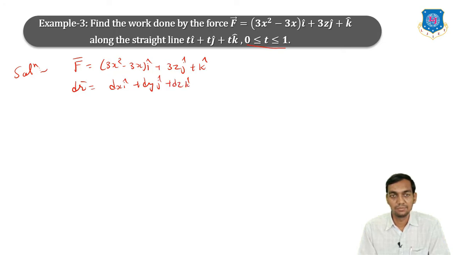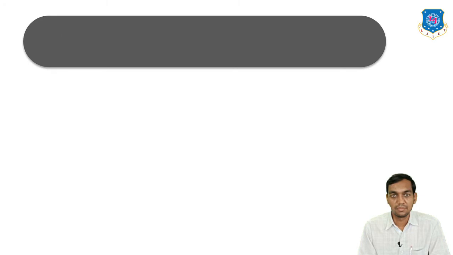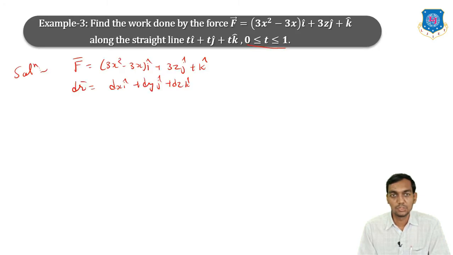Okay. So F dot dr is (3x square minus 3x) dx plus 3z dy plus dz.